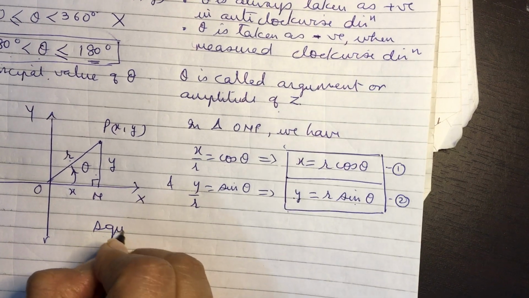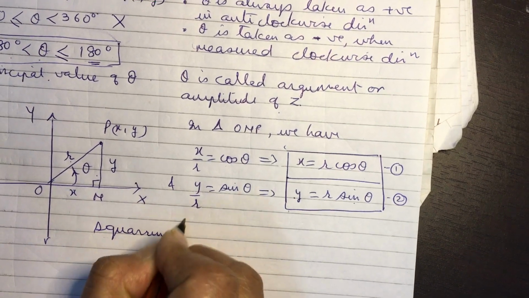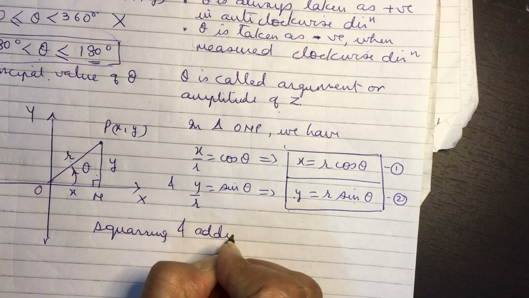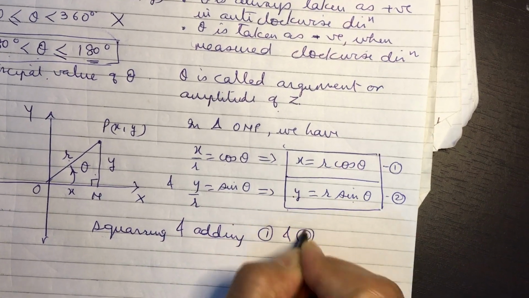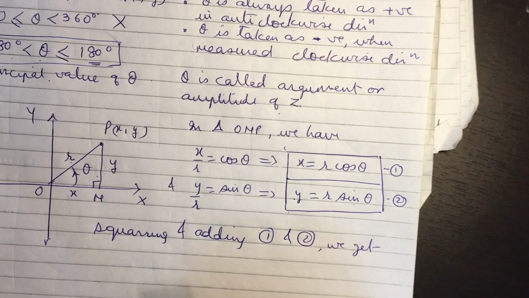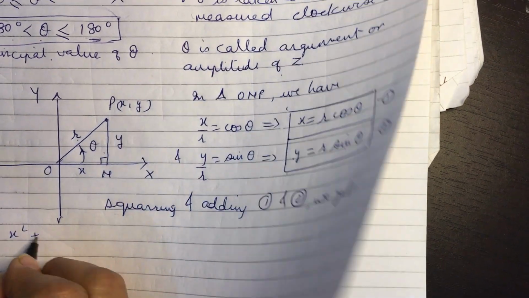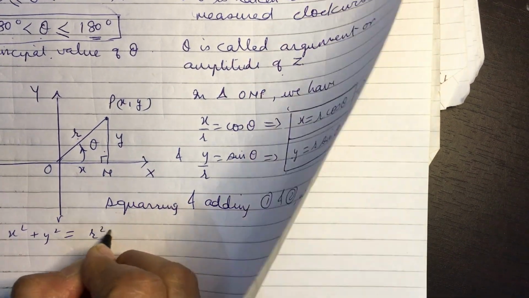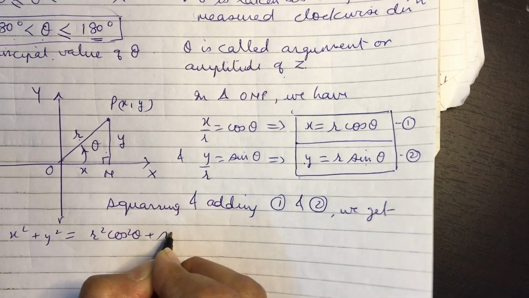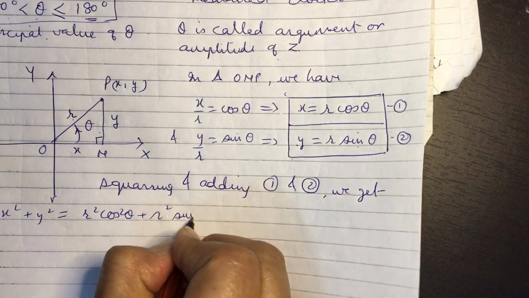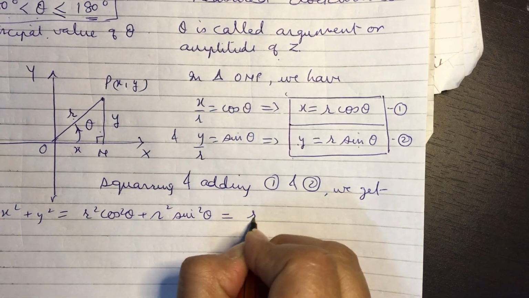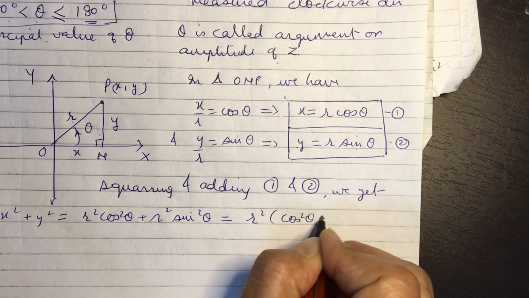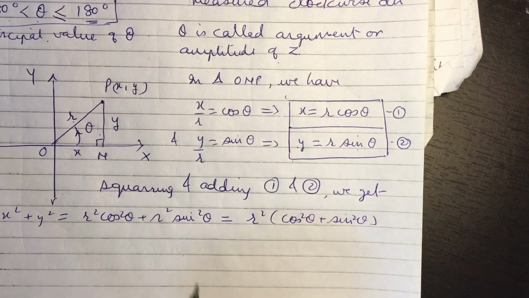Squaring and adding 1 and 2, we get x square plus y square equal to r square cos square theta plus r square sin square theta, which gives us r square times cos square theta plus sin square theta.